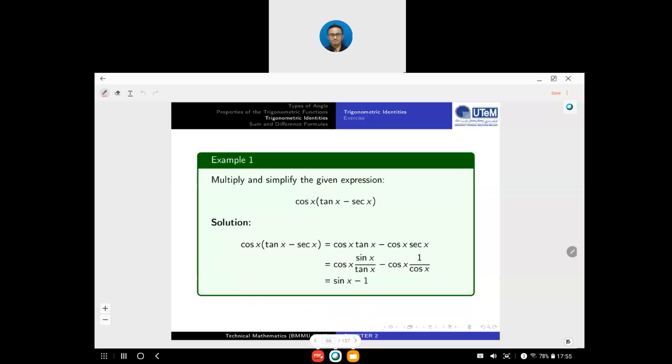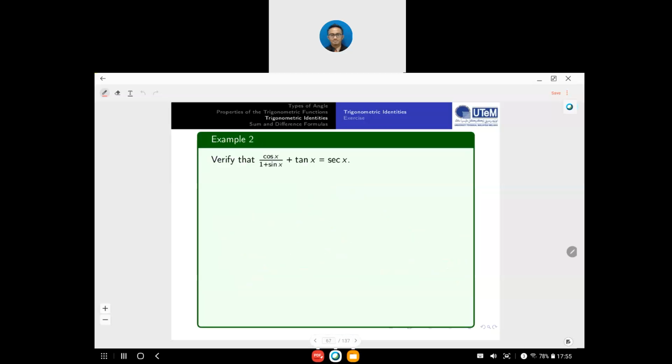Example 2. Verify that cos x over 1 plus sine x plus tangent equal to secant. This one you want to verify whether left hand side equal to right hand side tak. Kalau awak nak verify, yang paling mudah sekali adalah yang panjang awak tunjuk pendek.